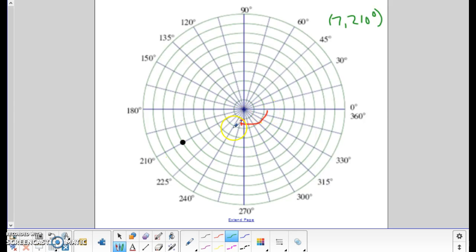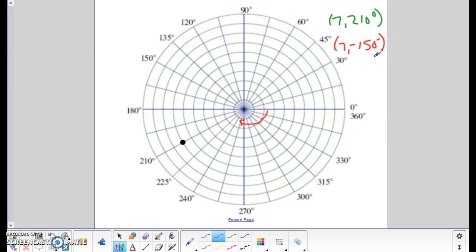Look how far I'm going in the negative direction: this distance is 150 around the circle, so this is negative 150. So we can also write this as (7, -150°).